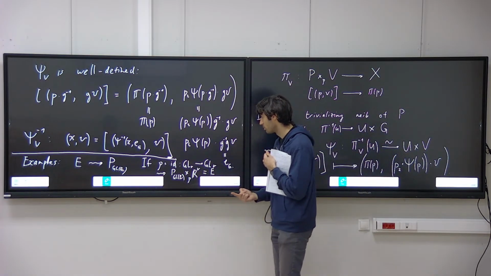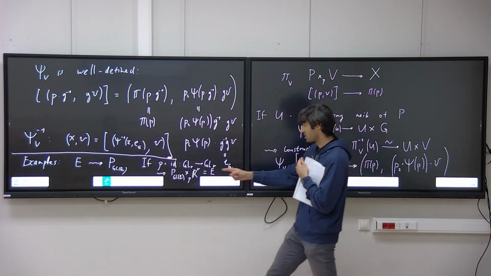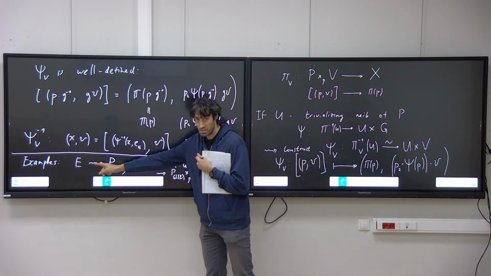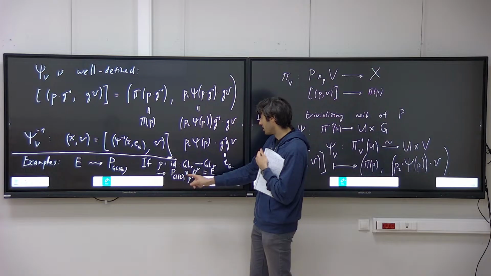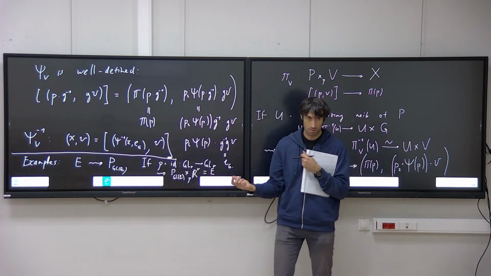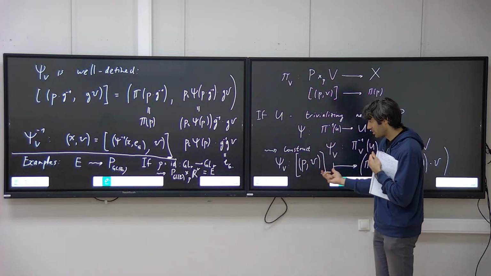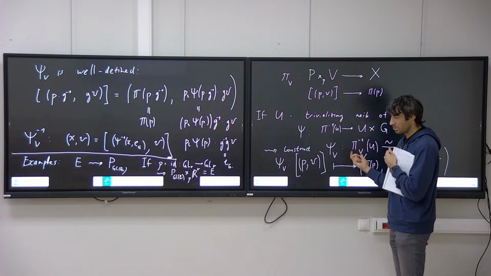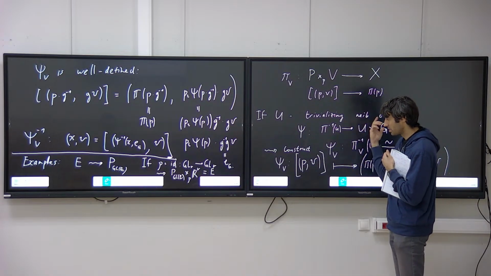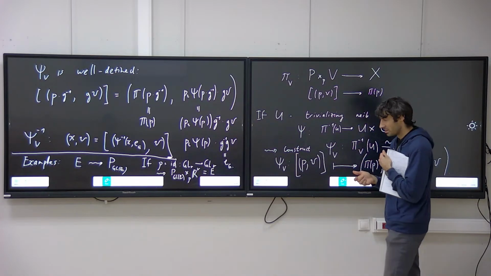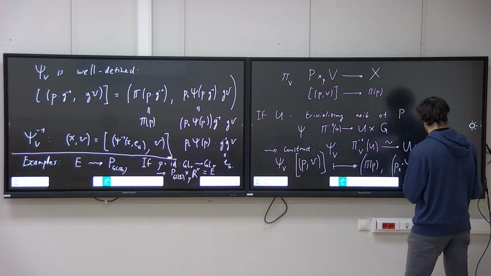But of course this is more universal than that, because now you can take different representations and construct the symmetric power of E, the exterior power of E, or actually any symmetrization of E that you want.